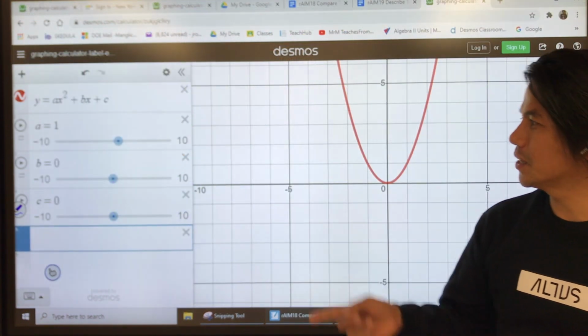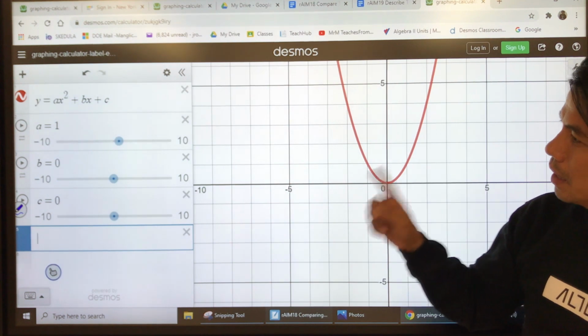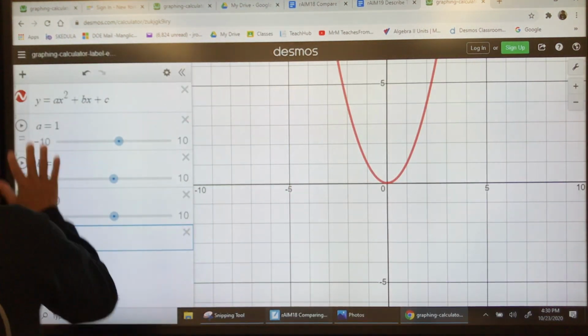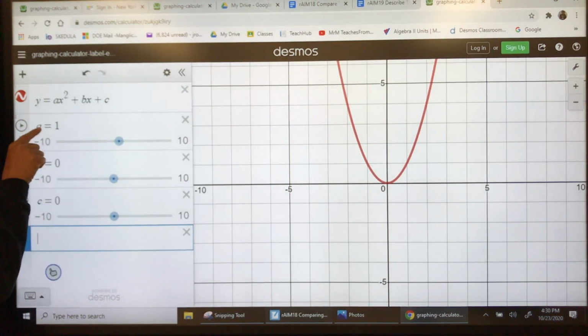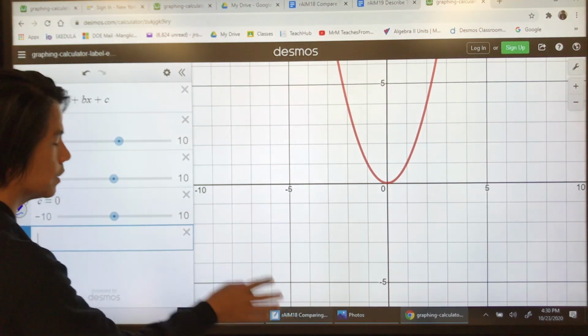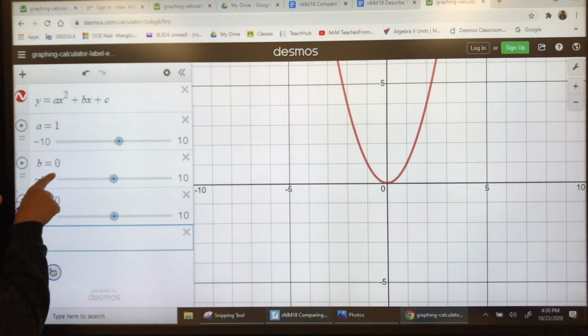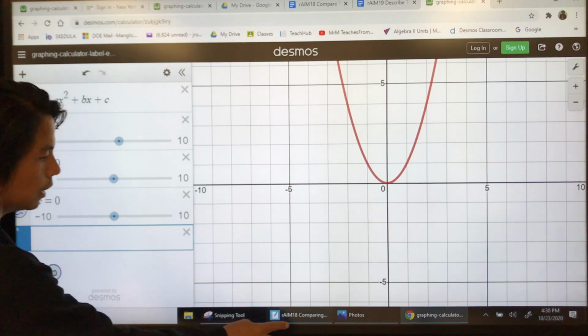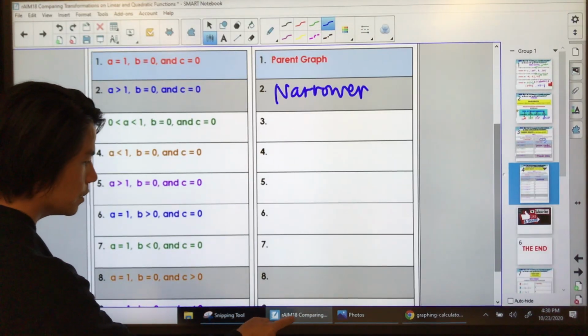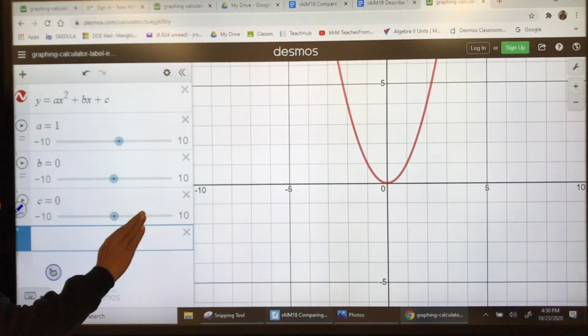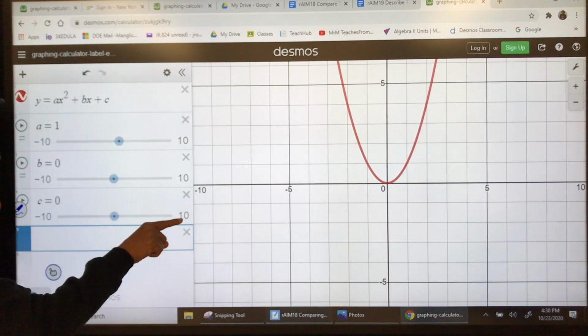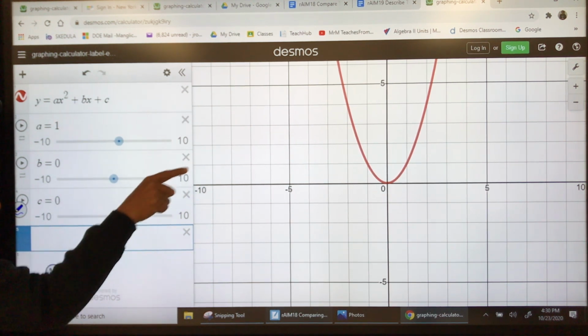Welcome back. Let's see what happened to this parent parabola as we change the parameters. So we know the requirement is A is equal to 1, B is equal to 0, and C is greater than 0. Meaning we are going to slide this towards positive 10. And I want you to observe what happened there.